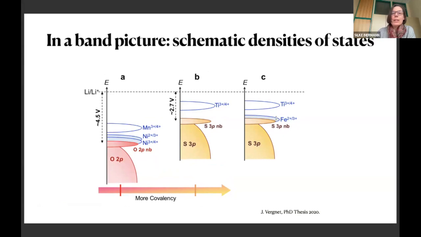So this is just a band structure picture, no correlations yet. You have iron d states here at the Fermi level together with sulfur non-bonding states at the top of the valence band. Note that here everything is drawn with a reference to a lithium plus anode and not with respect to the Fermi level, which of course would be somewhere then here.